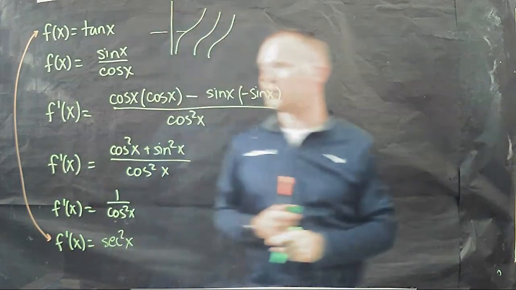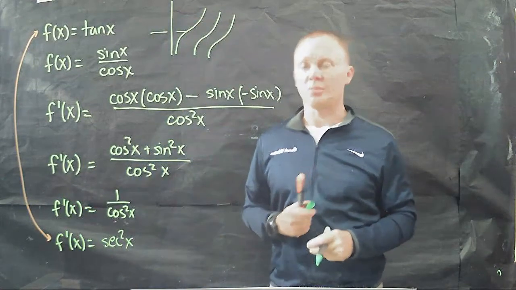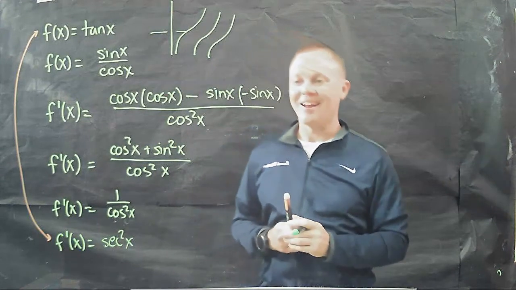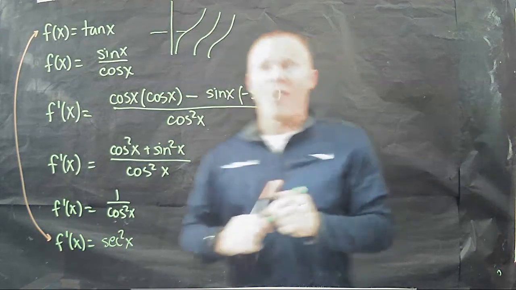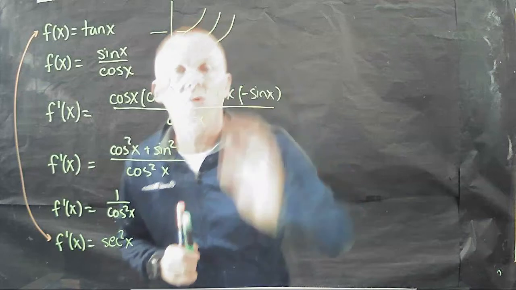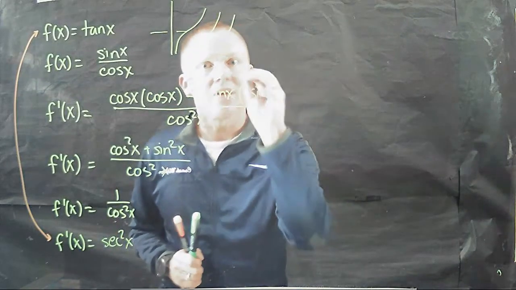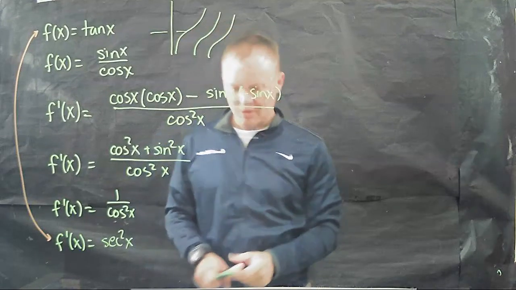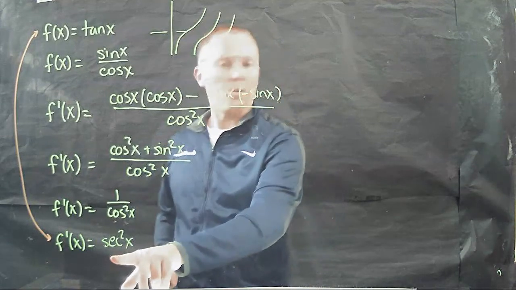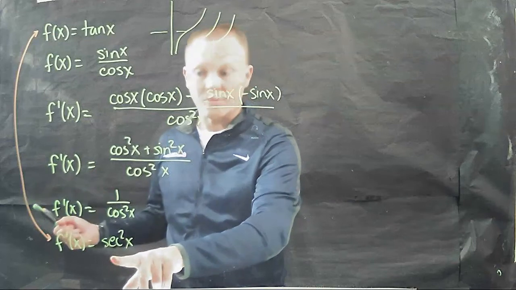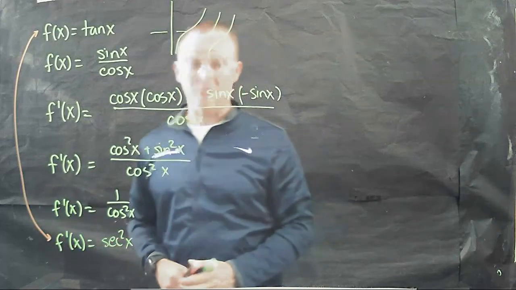That's not a very great drawing, but you get the idea. This tangent function is always increasing, right? Which would mean its derivative is always positive. Secant squared is always going to be positive because you're squaring something. Kind of a nice connection.